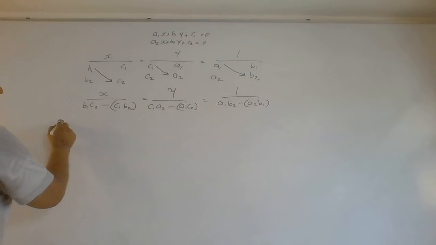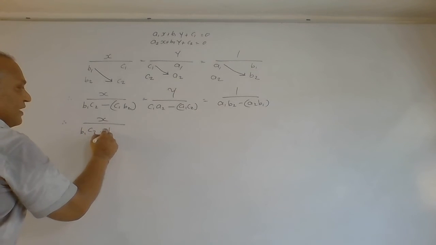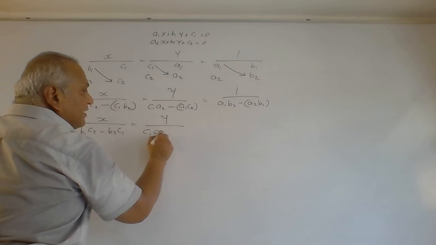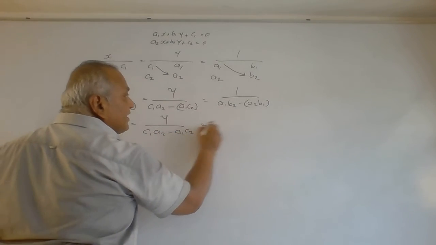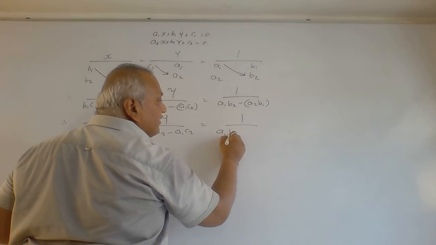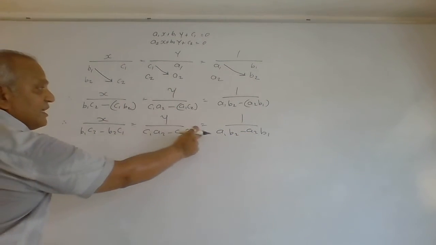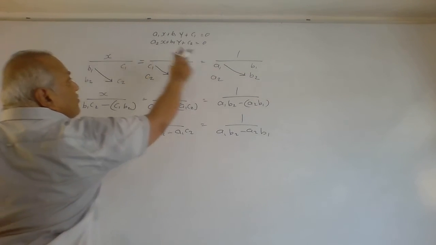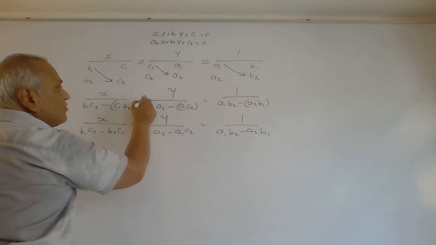Then we have to open the brackets. x upon b1 c2 minus b2 c1, y upon c1 a2 minus a1 c2, it is equal to 1 upon a1 b2 minus a2 b1. Now here is the equal to sign. Mind well, friends, you will sometimes go wrong here; you write down minus or plus. It is wrong. Here must be an equal to sign.